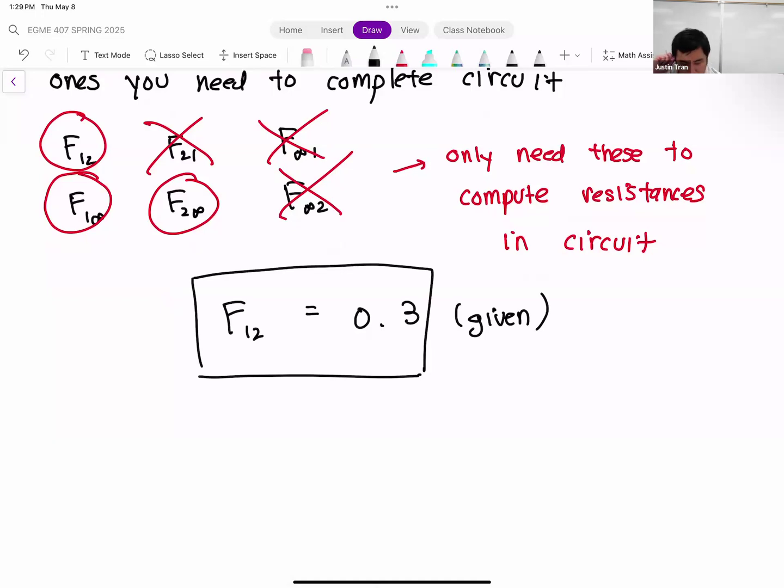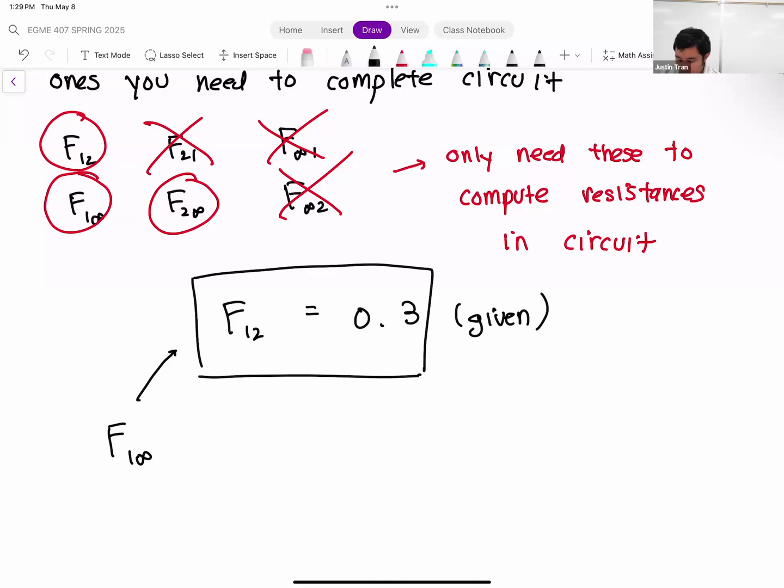Next one that's going to be easy for us to do is going to be F1 infinity. The reason I'm starting with this one is that this is a view factor that involves surface 1, right? And we already have a view factor from surface 1 that was given to us.